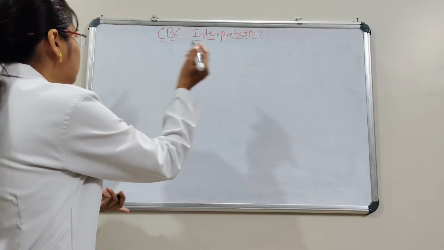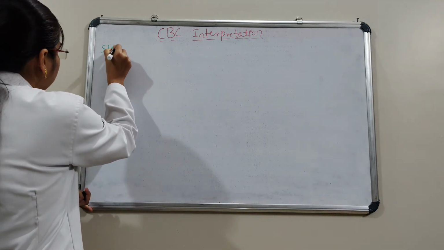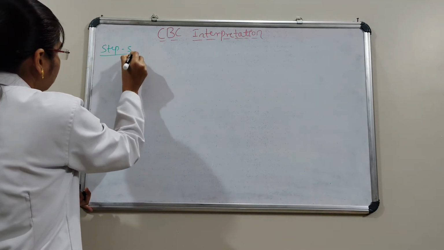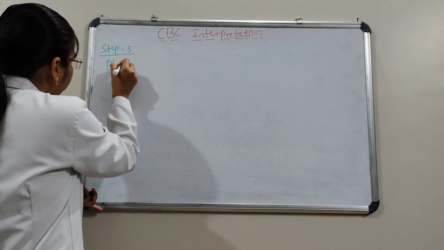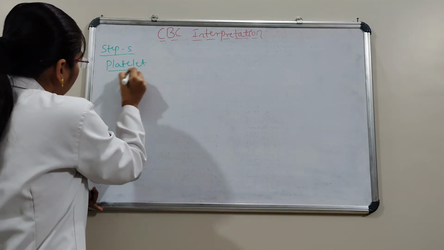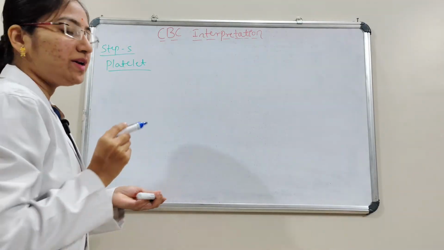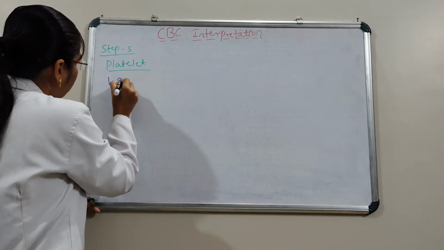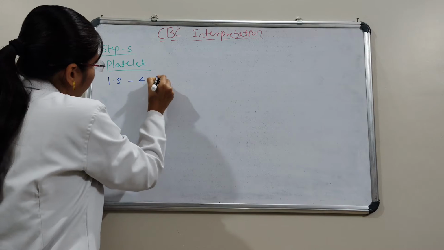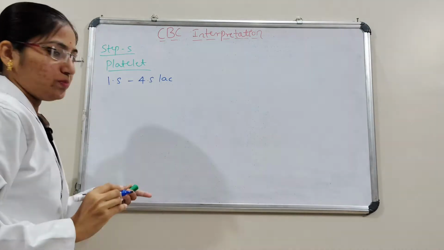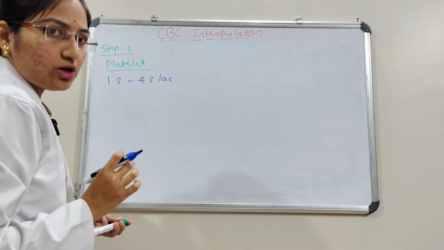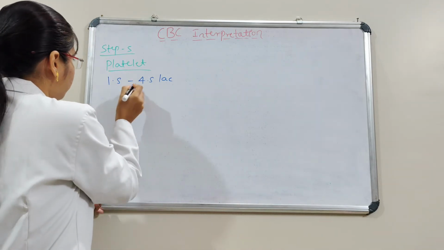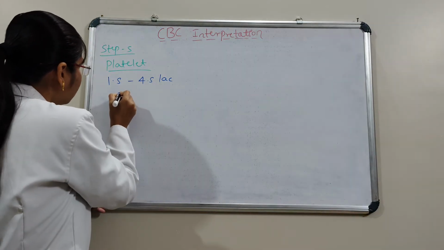Next we'll see the fifth step, the platelet. The normal range of platelet is 1.5 to 4.5 lakh. If it is less than normal, that is called thrombocytopenia.